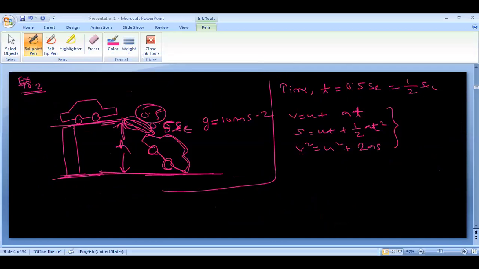Now see, first you have to find the speed on striking the ground. That means you are asked to find v or u, the final velocity or the initial velocity. Just tell me.